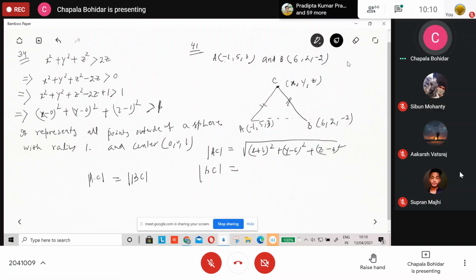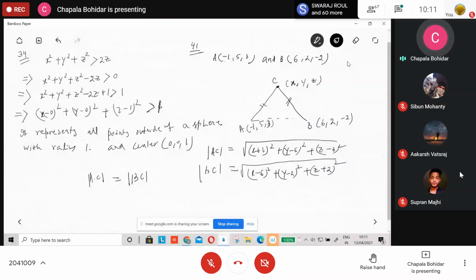Am I correct? Yes, ma'am. Correct or not? Yes, ma'am. Then BC is equal to root over of x minus 6 whole square plus y minus 2 whole square plus z plus 2 whole square. Okay.